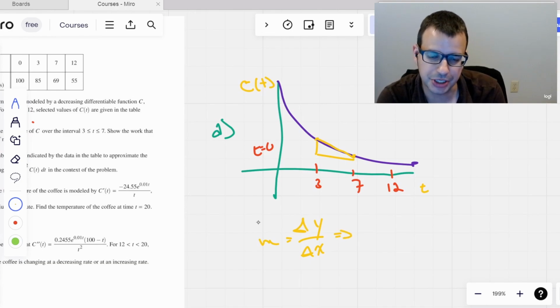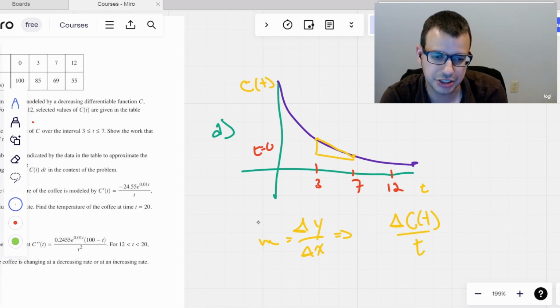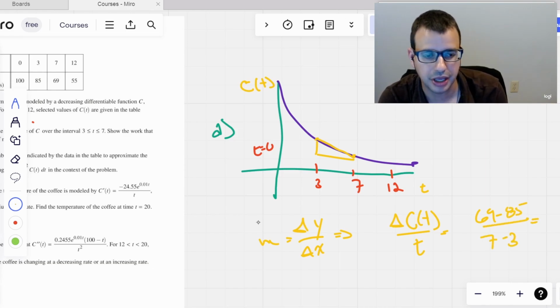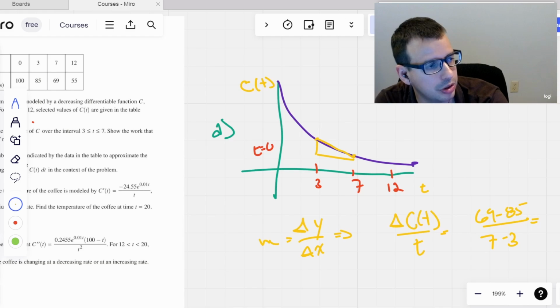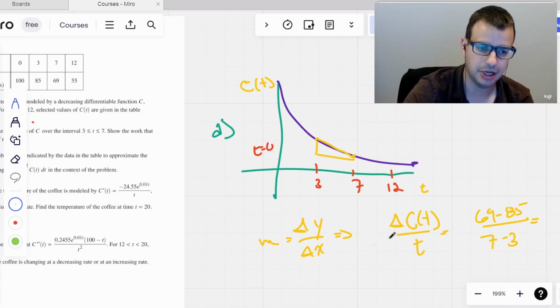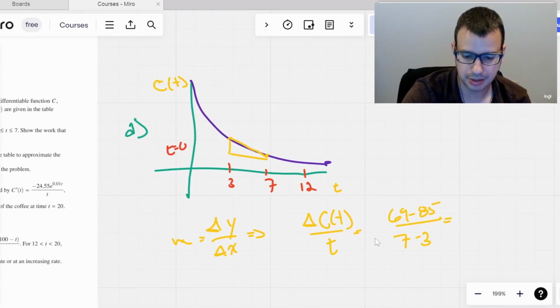To adapt this to our particular case, we're going to say there's going to be change in C of t over change in t. So this is temperature, which is 69 minus 85, all over 7 minus 3. I'm going to go to Wolfram. I know you don't have access to Wolfram when you are taking an AP exam, but I do, so I'm going to use it.